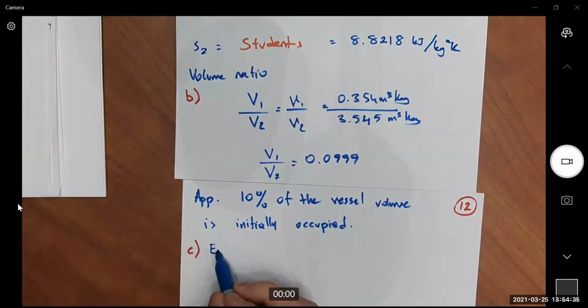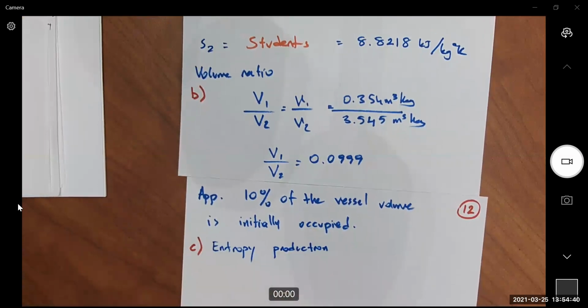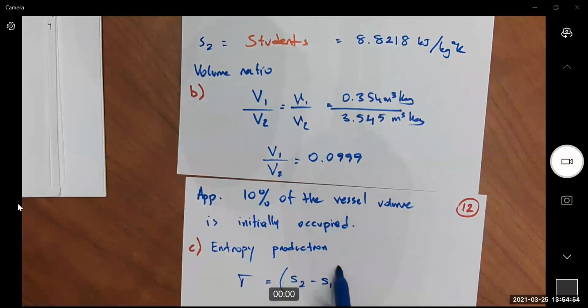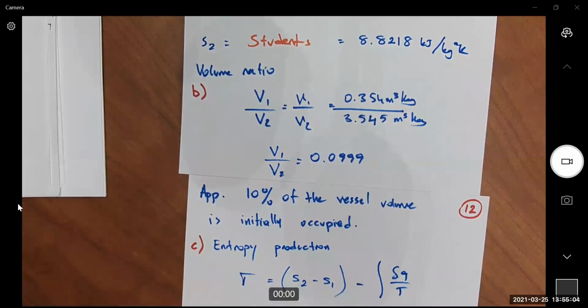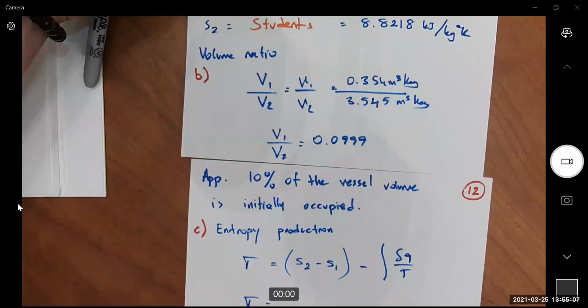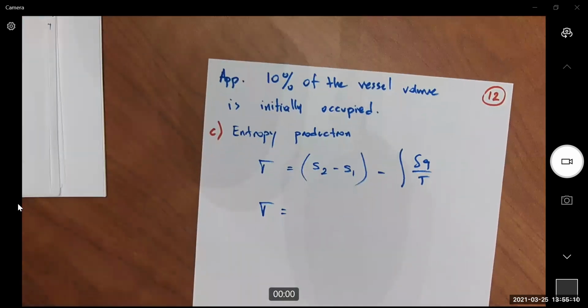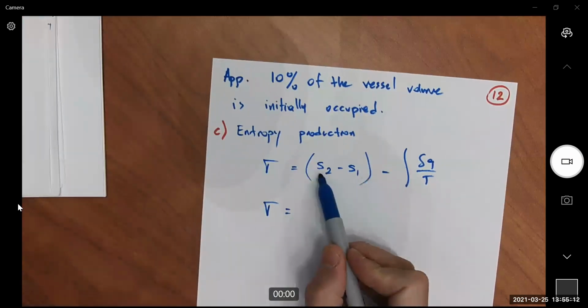Entropy production. Delta S equals the integral of dQ over T plus the entropy production sigma. Remember, sigma equals delta S minus the integral of dQ over T. I know my delta S, and I know this integral.